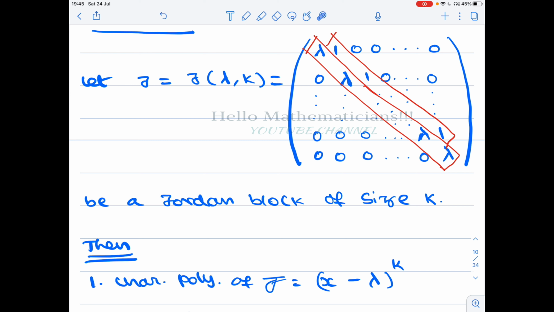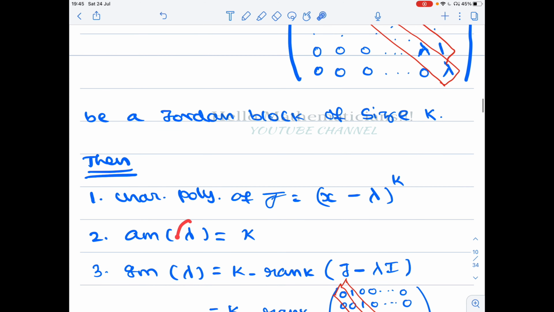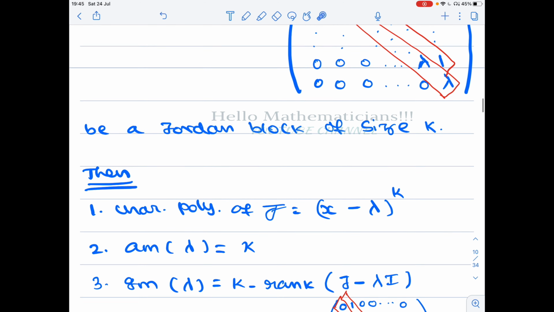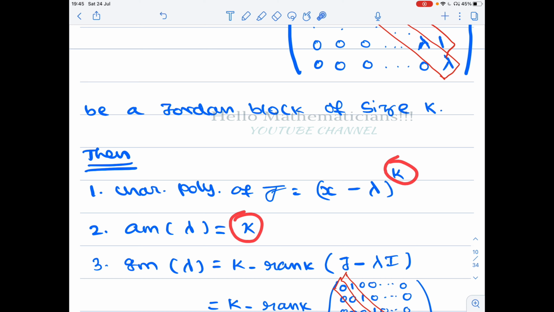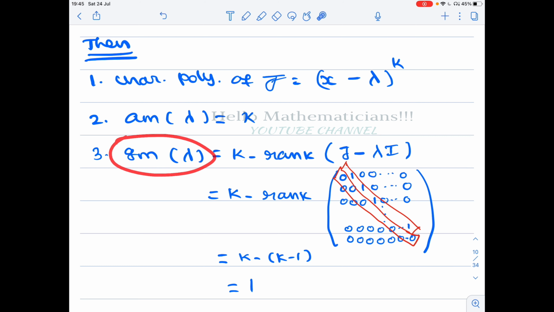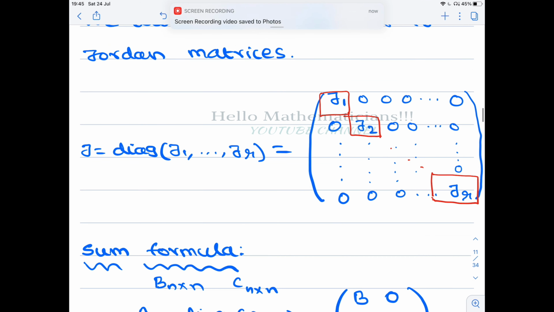And therefore the algebraic multiplicity of that unique eigenvalue is k, because k is the power appearing here. We also proved that the geometric multiplicity of the eigenvalue is 1.